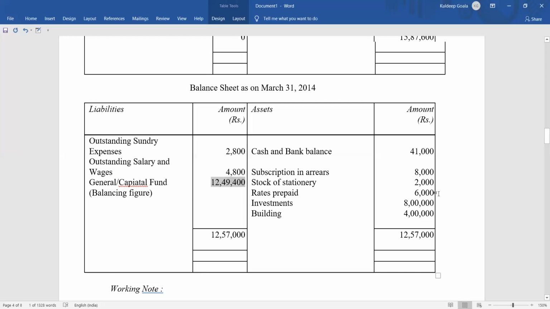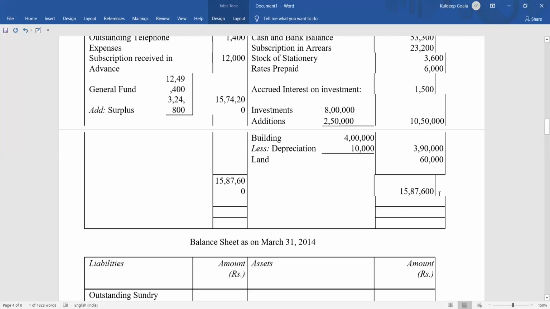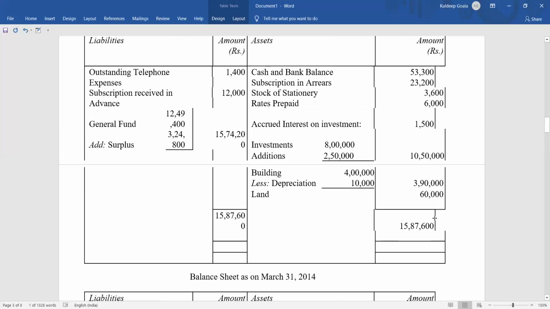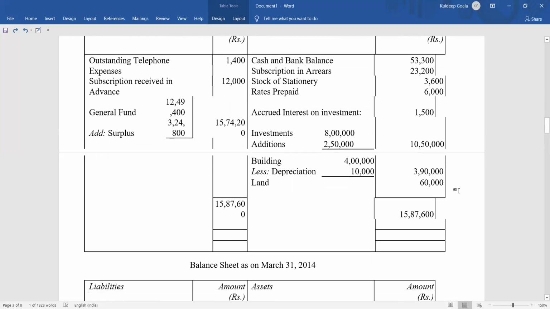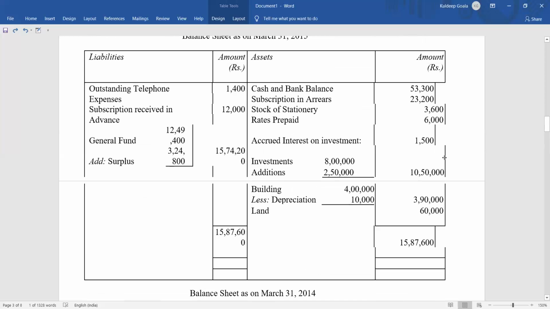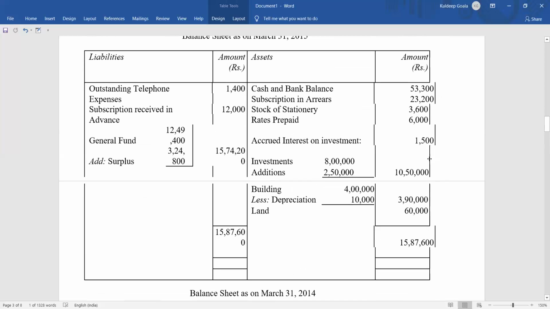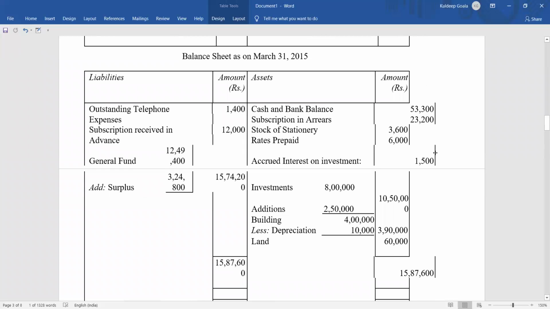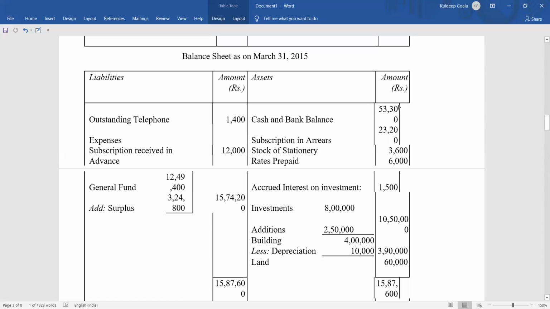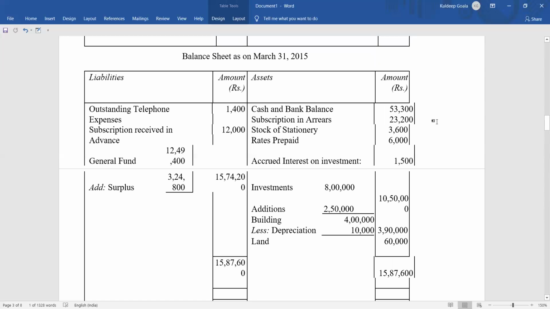Now we can go for solving the closing balance sheet. So let's see what is there in the closing balance sheet. Okay.